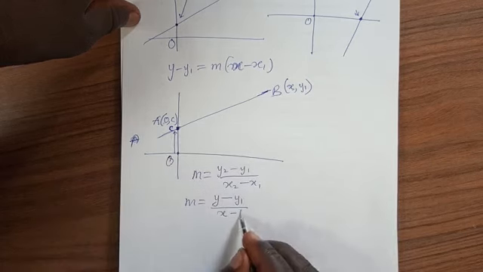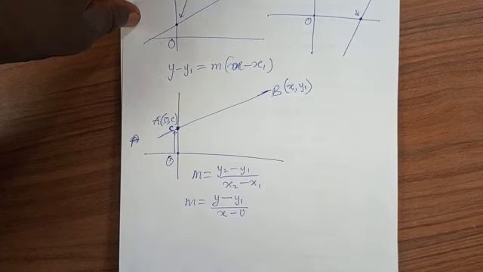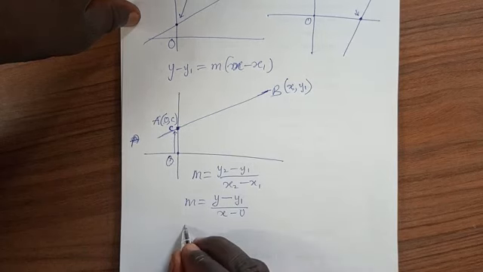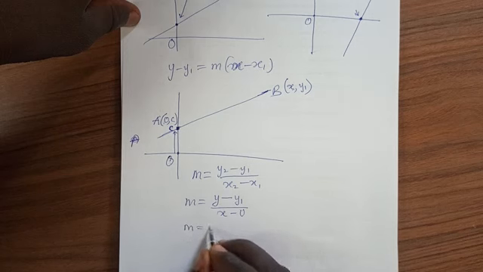Therefore, m is equal to y minus y1 over x.